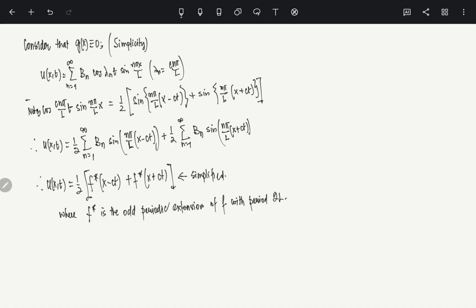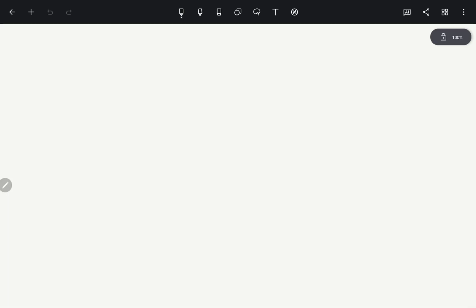You remember this is exactly the same sort of thing which we did in Fourier series. That is what we are exploiting here. f star is basically the odd periodic extension, and we are using it to write this solution in a much simplified way. That's the idea. Clear? Now we'll look at one very simple problem, and then we'll go from there.